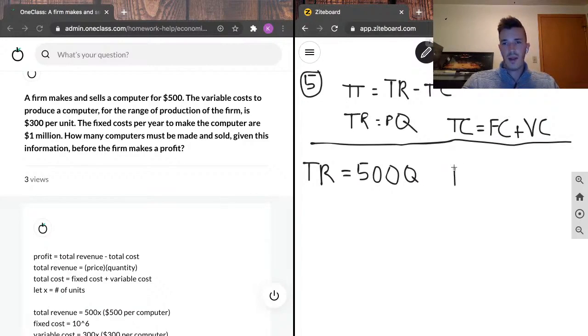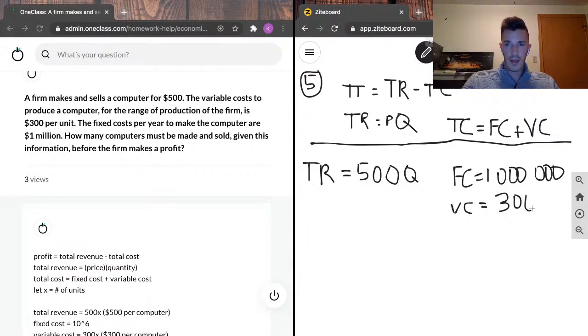We know that our fixed cost from the question is $1 million. And our variable costs from the question are $300 a unit. So variable costs are 300 times the number of units, which is again Q. So we've got total revenue is 500Q, fixed costs are $1 million, variable costs are 300Q.